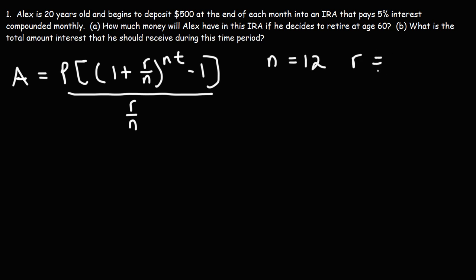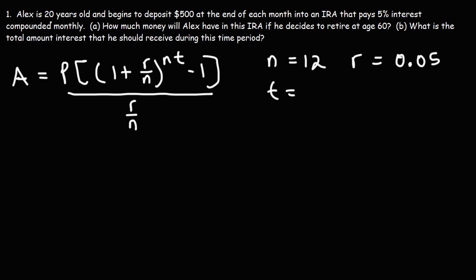Now R is the interest rate. So we need to convert the percentage to a decimal. 5% is 0.05 as a decimal. You have to divide that number by 100. Now T is the time.